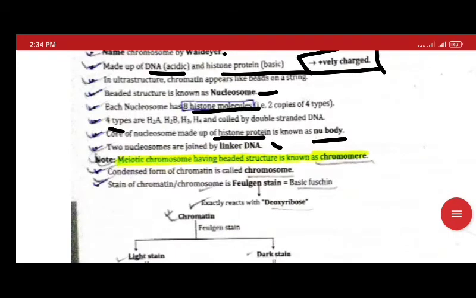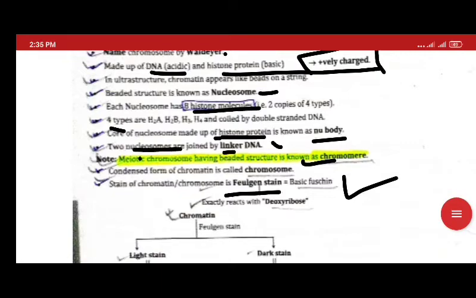In chromatin we have a condensed form called chromosomes, which get stained by basic stain. The chromatin mass consists of nucleosomes, and two nucleosomes are joined by linker DNA.